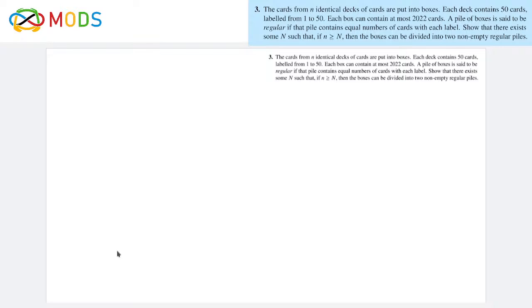Okay, I'll draw a box. So it's basically saying that after some certain point, if you have enough decks of cards, then there is some grouping of the boxes that make them the same, right? Yeah.